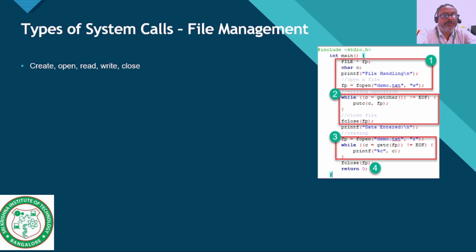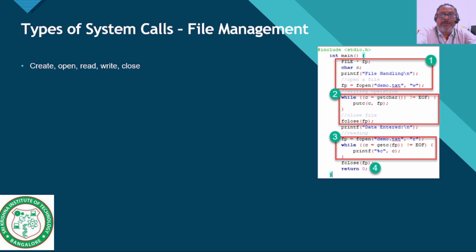Whenever a user wants to create a file, they have to use a system call, because the user is working in the user mode and any file operations will be done in the kernel mode, so the switch of the mode has to take place from the user mode to kernel mode, and that is possible only through the system calls. So whenever any file operations are to be performed, we do have system calls.